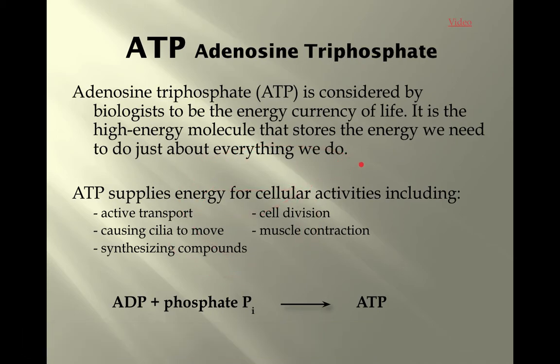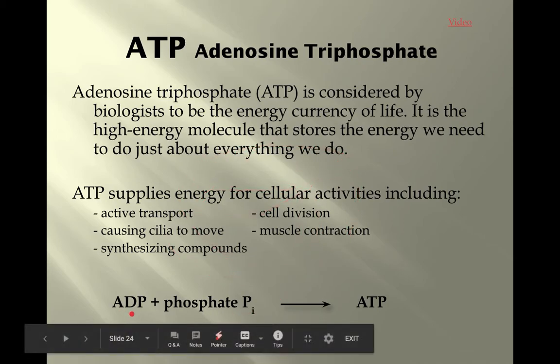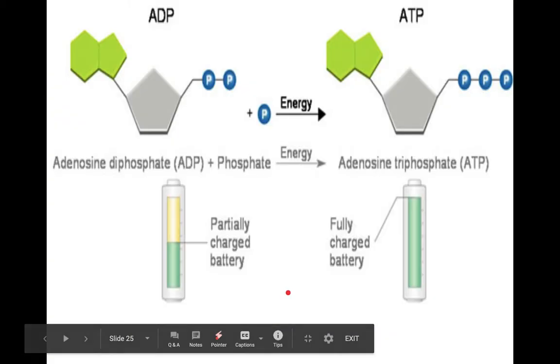In the reaction to make ATP, we have ADP, adenosine diphosphate, plus a phosphate to produce ATP. This is the simple reaction. Phosphate is P with the subscript little i, which means phosphate.